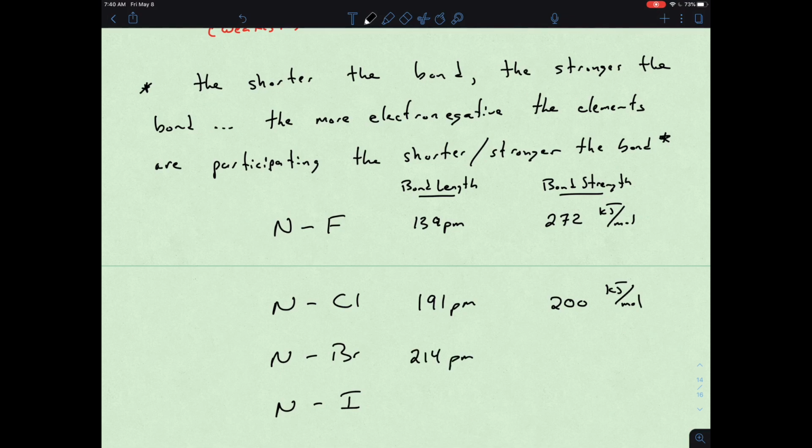And so as we go down this series, we find that we have a continual decrease in those energies.